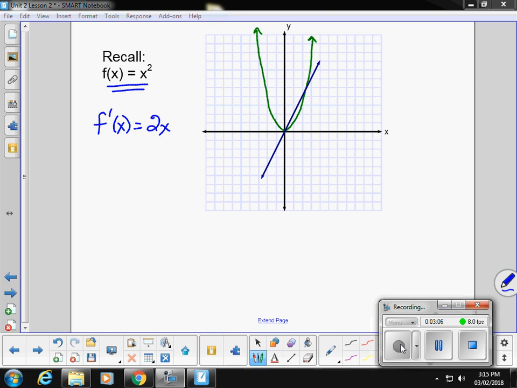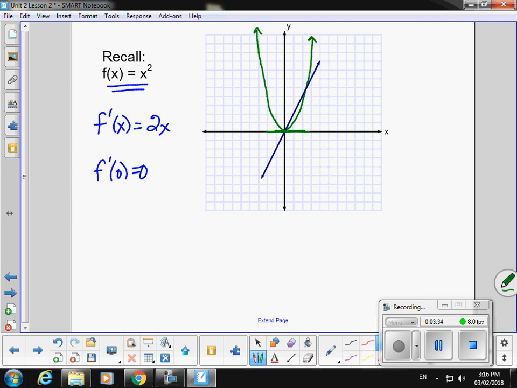So f prime 0 equals 0. You can see that dot on my purple bluish line right there. What that's saying is the slope of the tangent of f of x equals x squared should be 0 right there. And I agree. If we look at our green curve, the slope of the tangent right there is 0.